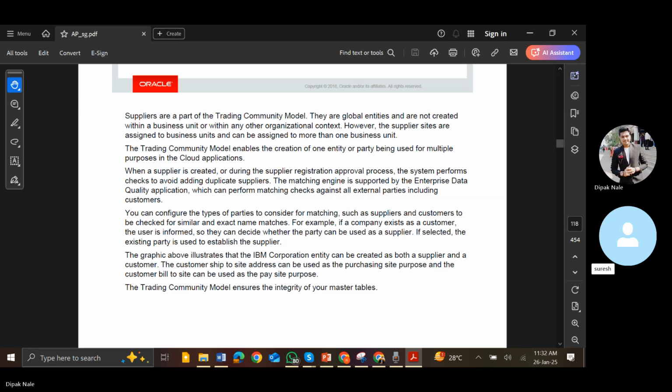Then in the trading community model, the billing will be paid by one unit and purchased from a different unit. So supplier is part of the trading community model. So supplier comes under TCM. It comes under TCM.